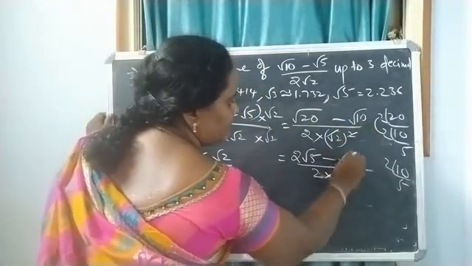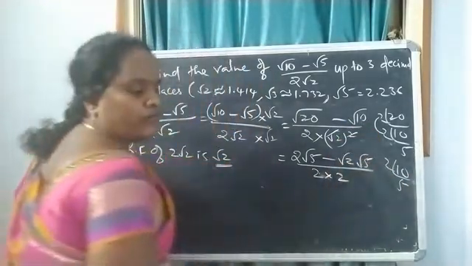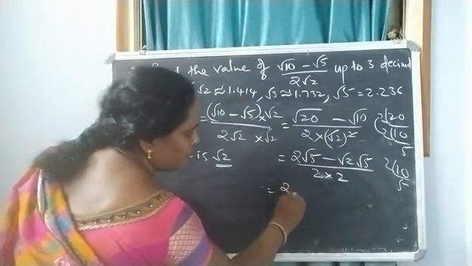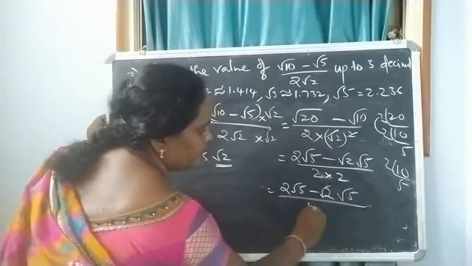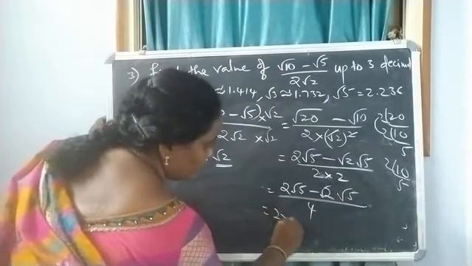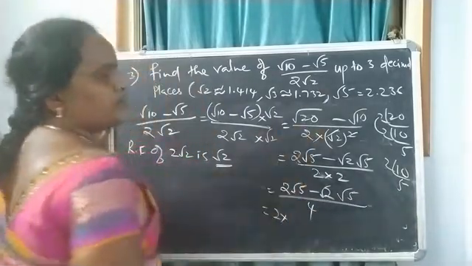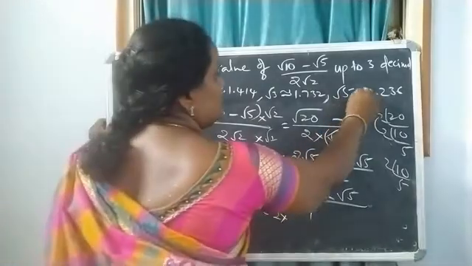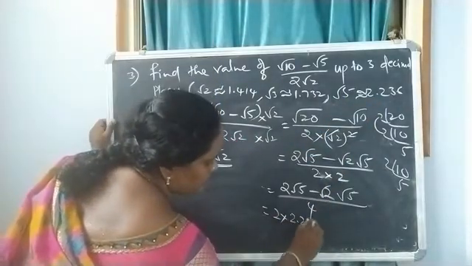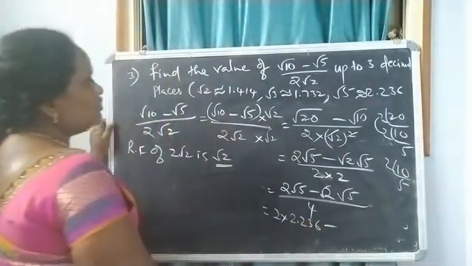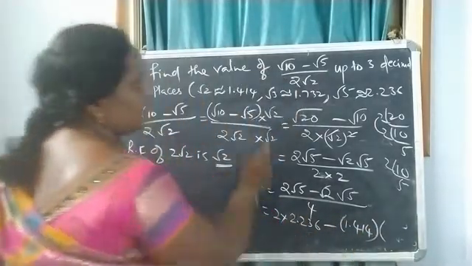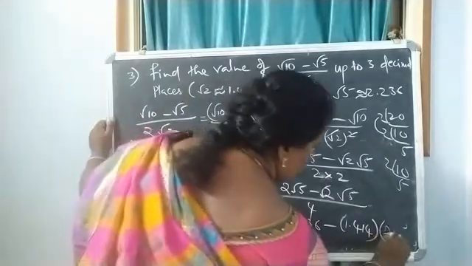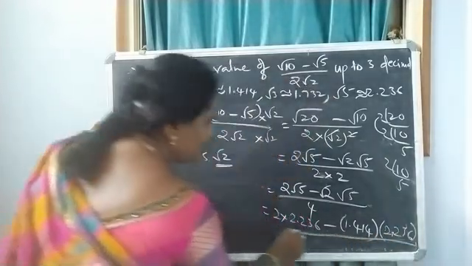Root 10 can be written as root 2 into root 5. Now, 2 root 5 minus root 2 into root 5, divided by 4. 2 into root 5 is how much approximately? It is given as 2.236. Minus root 2 value is 1.414 into root 5 value 2.236, divided by 4.